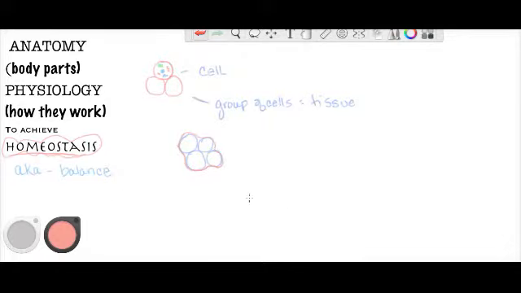These are two different types of tissues. That's going to be an organ. So, tissues working together to achieve a common goal is an organ. Tissues, common goal. It's going to be an organ.